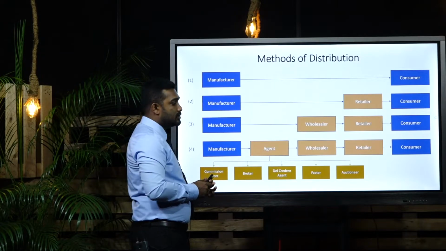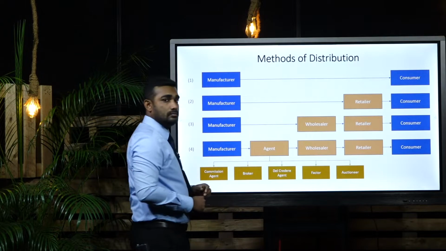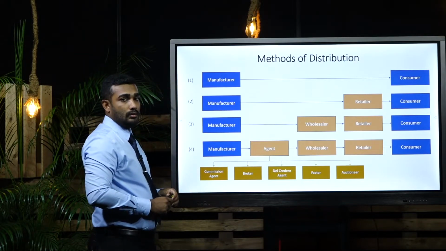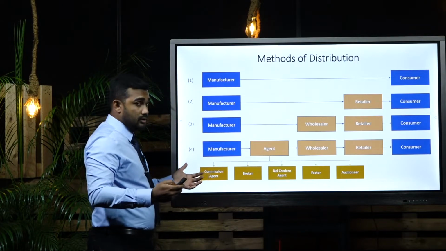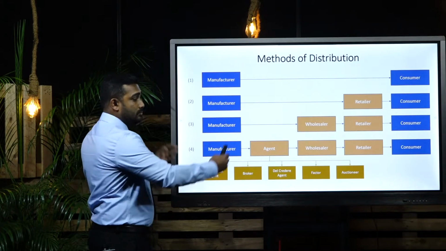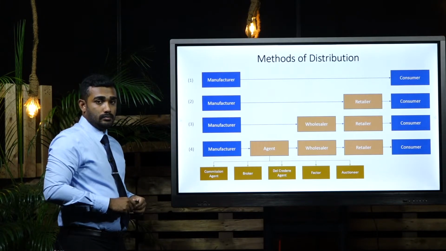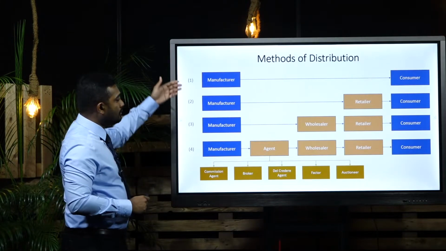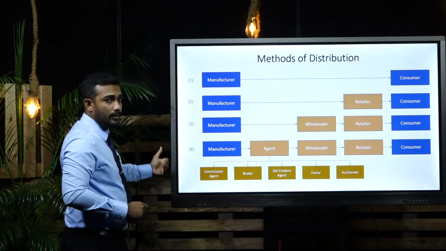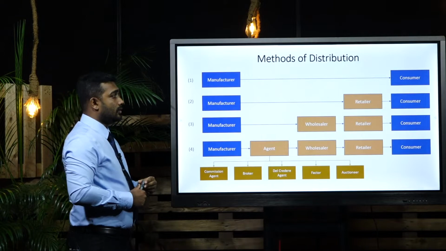In other words, they will bypass the wholesaler. So, there can be such products where we do that process. So, these are the typical ways of distributing products.